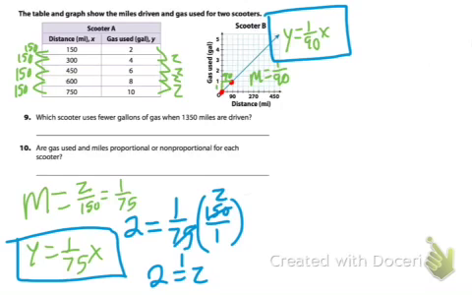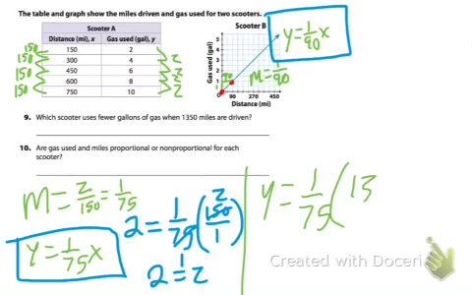So which scooter uses fewer gallons when 1,350 miles are driven? Let's put it in. Let's go to scooter A. Scooter A, y equals 1 over 75 times 1,350 over 1.